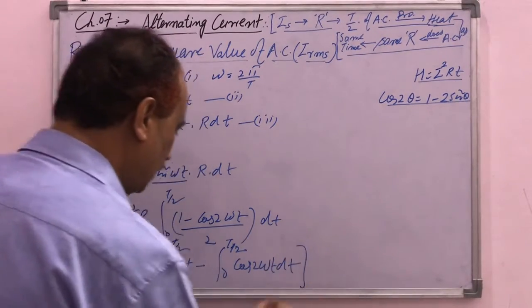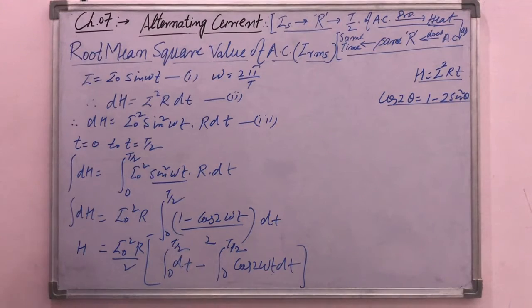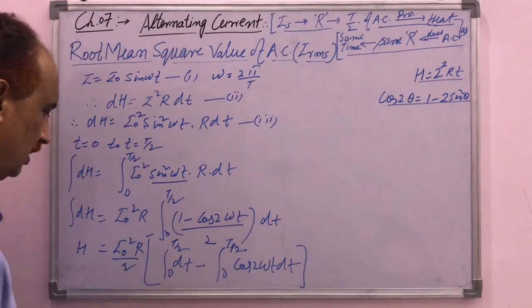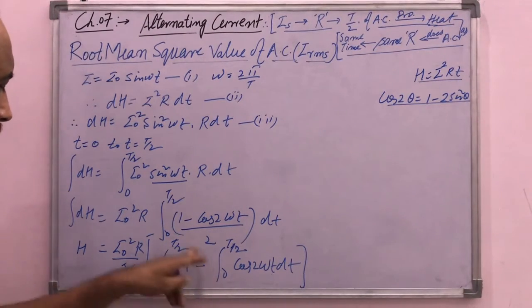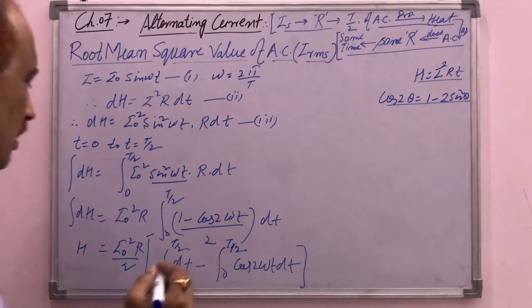There are two terms here. The integral of dt is t, and putting the limits from 0 to T by 2, we get the value of the first integration, T by 2.